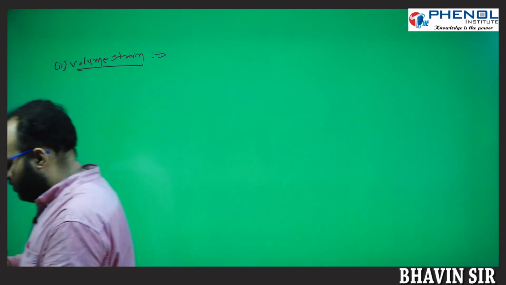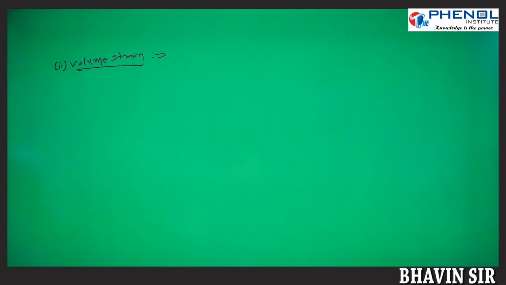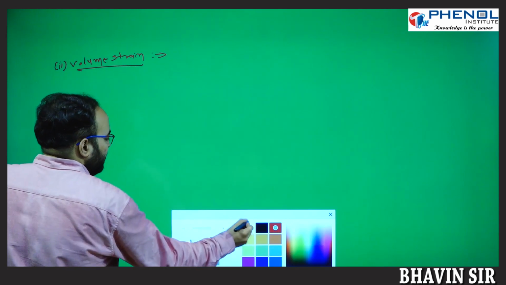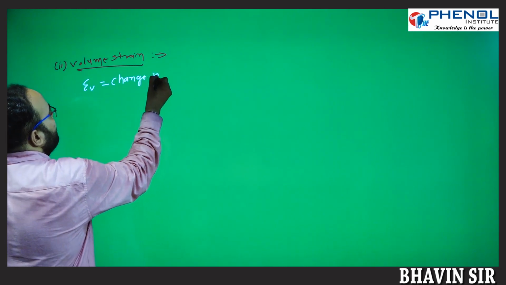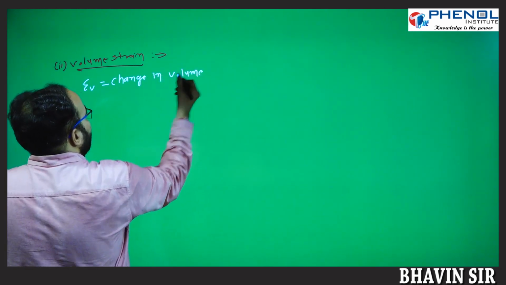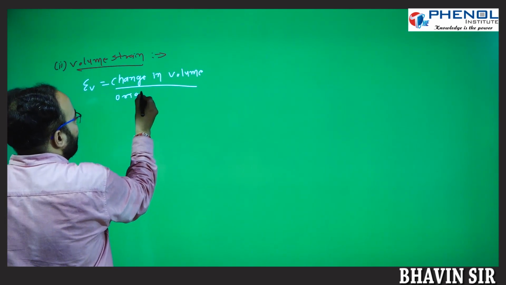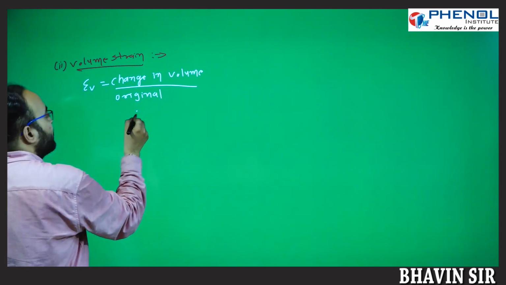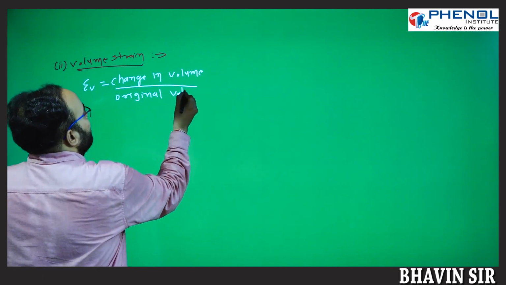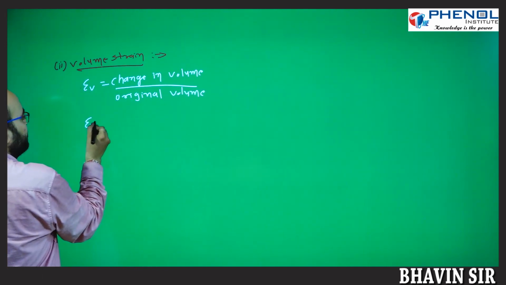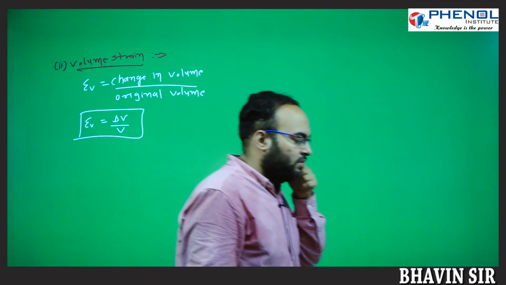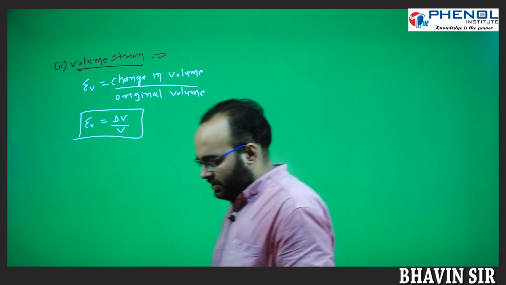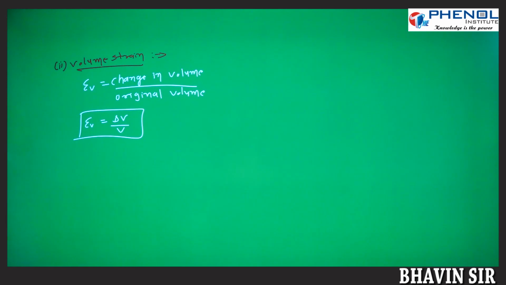Volume strain means change in volume by original volume, and its symbol is epsilon V. What is the meaning of volume strain?